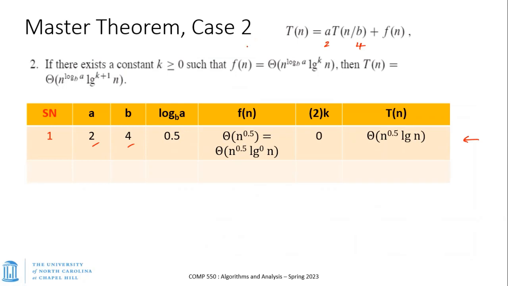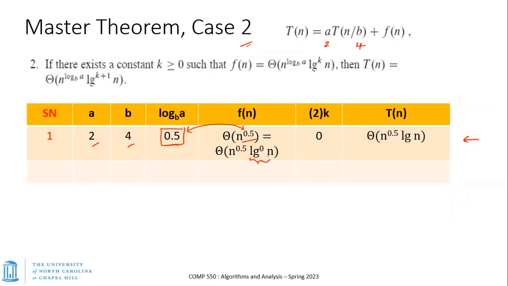Why is that? Because I've chosen f of n to be n to the power 0.5, and these two are exactly matching. Okay, so if these two are exactly matching, log to the power 0 of n can be invisibly seen to be there.